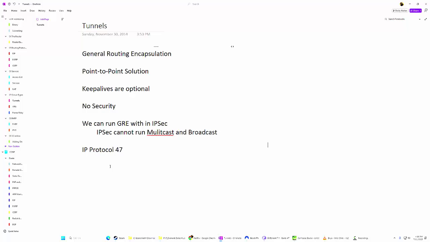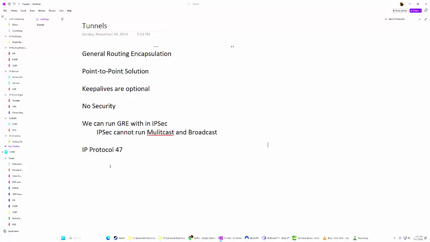And if you can't ping the other side of the tunnel, guess what? Your tunnel is not working. It's down. I don't care if it's a VPN tunnel as well, because that's really what VPN is. It's tunneling. VPNs are the coolest thing ever.